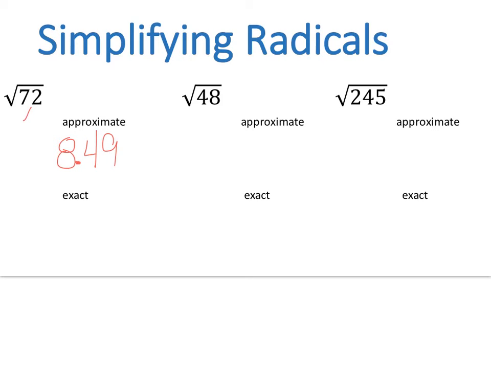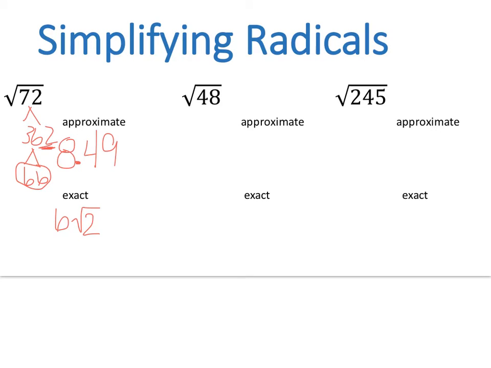So I'm going to break down 72. The first perfect square that multiplies into 72 is 36. The square root of 36 is 6. So my partners are 6, the loner is 2. So my exact answer is 6 square root of 2. Sorry, I ran out of room on the side of that, so it looks a little messy.